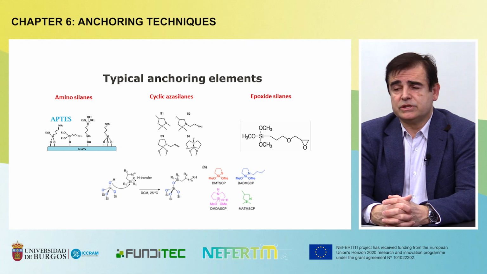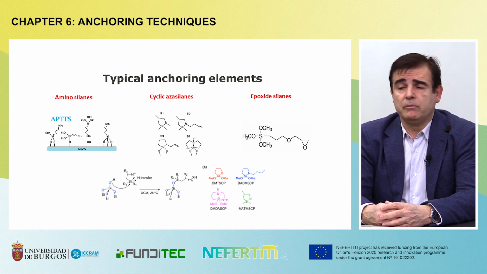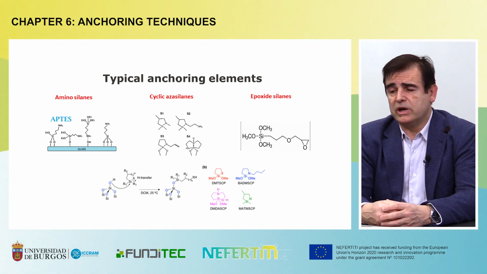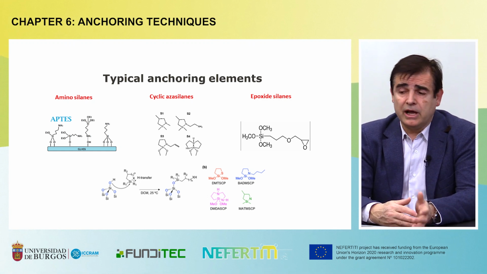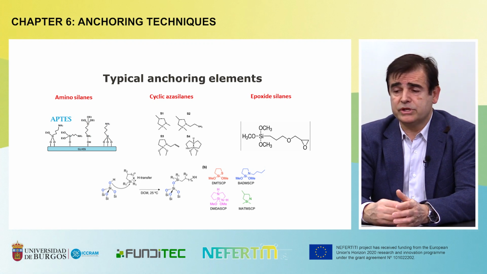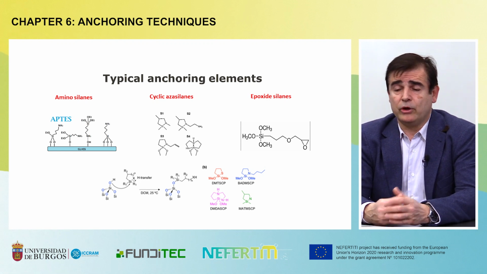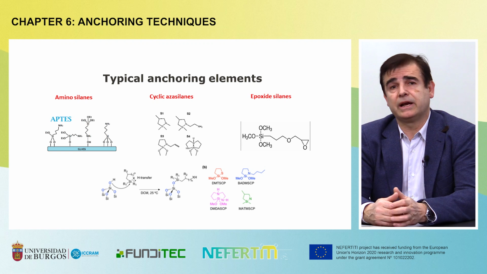In order to fix the catalyst to the surface of the support, different anchoring elements can be used, the most common ones being the silanes. These chemical compounds contain a double functionality. At one end, a silicon alkoxide with 3 alkoxide groups that react with the hydroxyl groups of the surface. At the other end, a second functional group like amino or epoxy, which will react with the functional group in the catalyst.